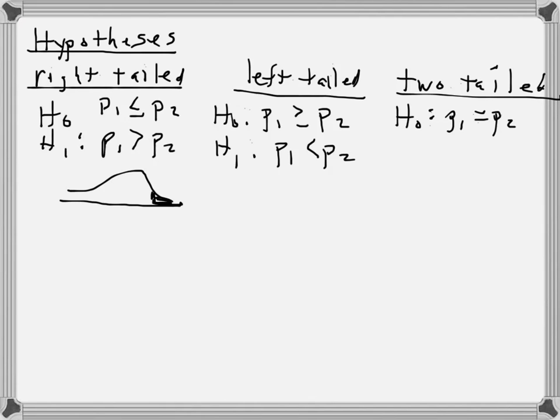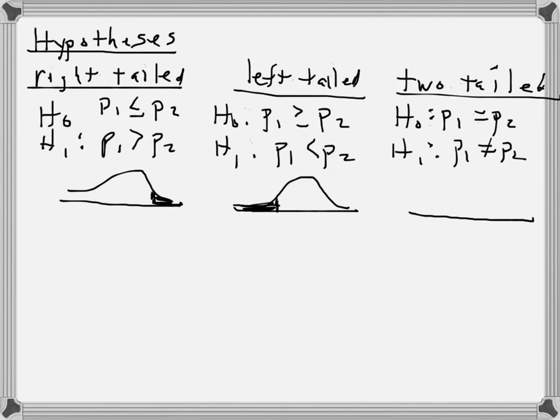That's a P, believe it or not, that first one. That was a P. There it goes. P1 is equal to P2 versus P1 is not equal to P2. So here's our left-tailed test. We're going to be rejecting samples where the difference is too low. And in two-tailed, it can be either too big or too small.